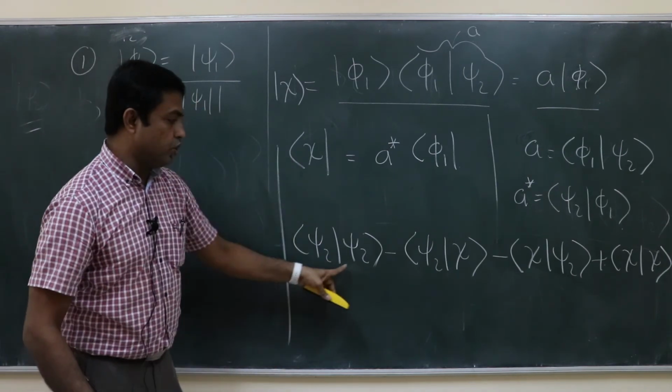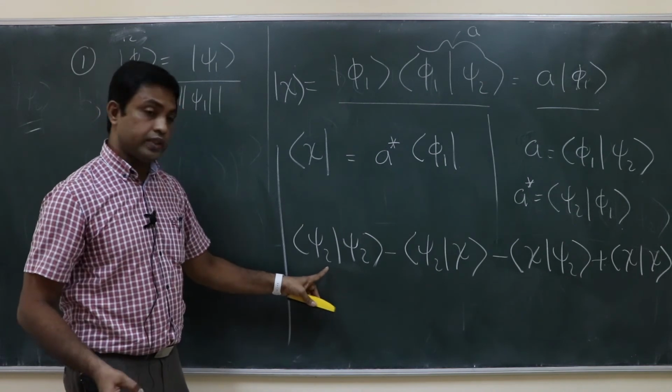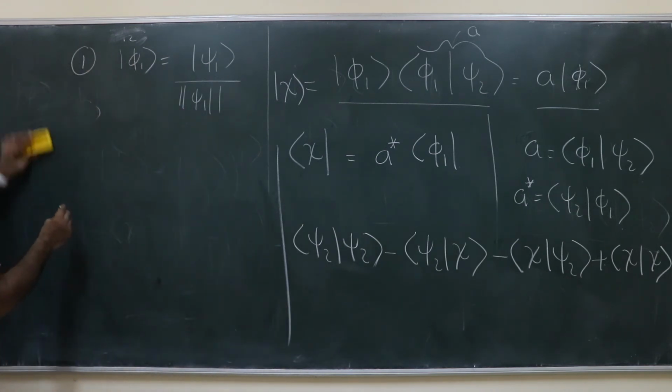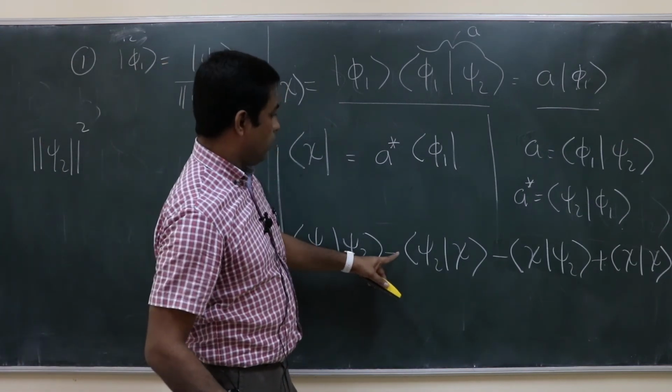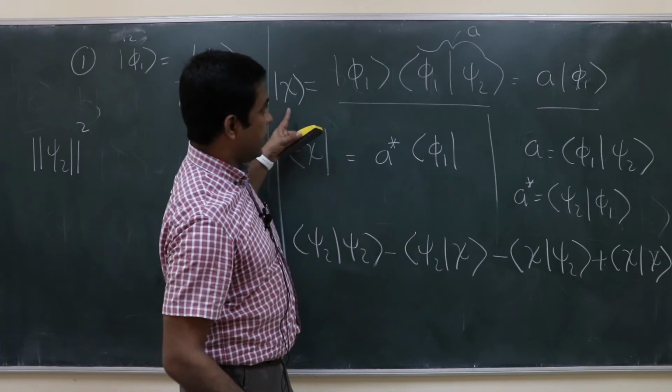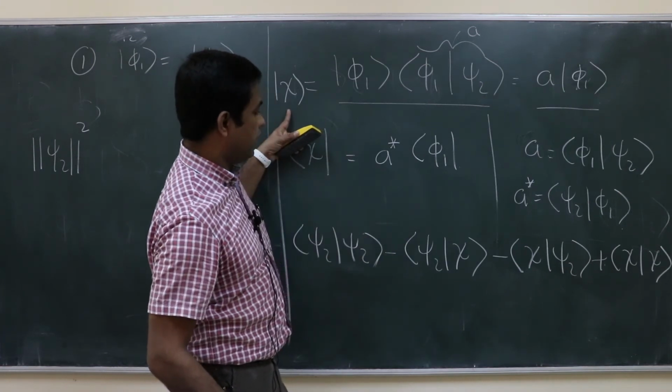Okay. So if that is the case, this bra psi 2 ket psi 2 is the norm square of psi 2, right? So norm square of psi 2, I can write it as norm psi 2 square. Now bra psi 2 ket chi. So what is ket chi? This one. Okay.